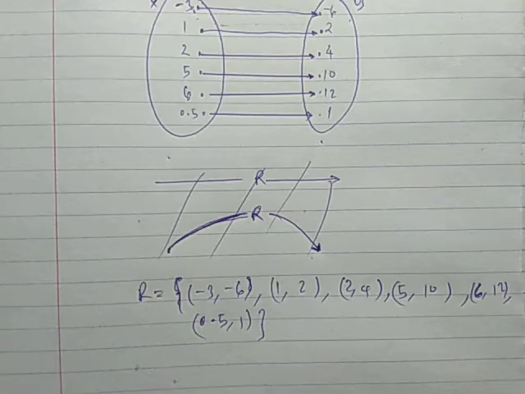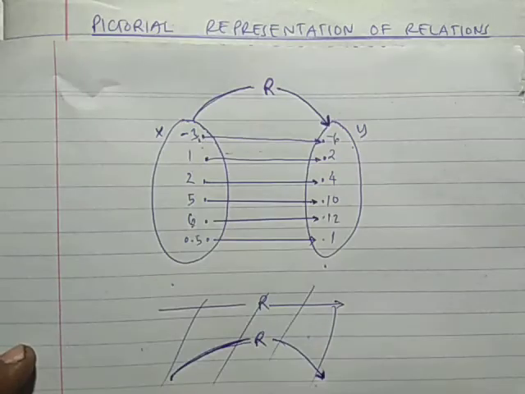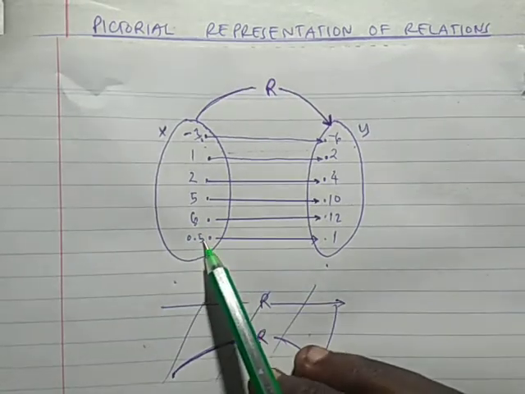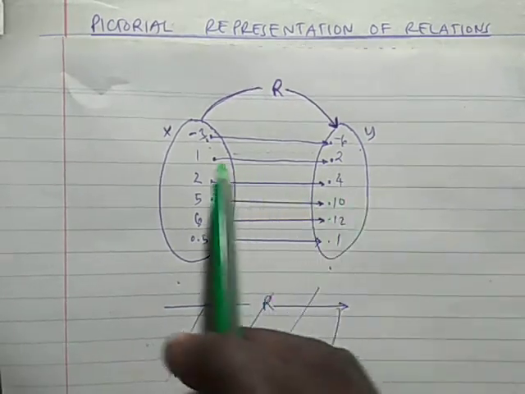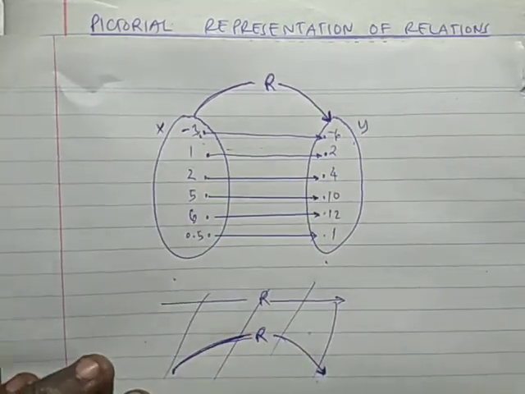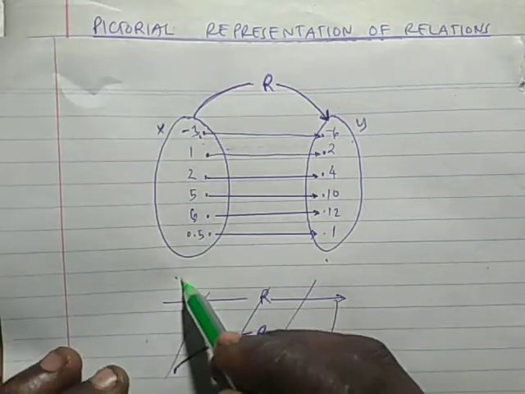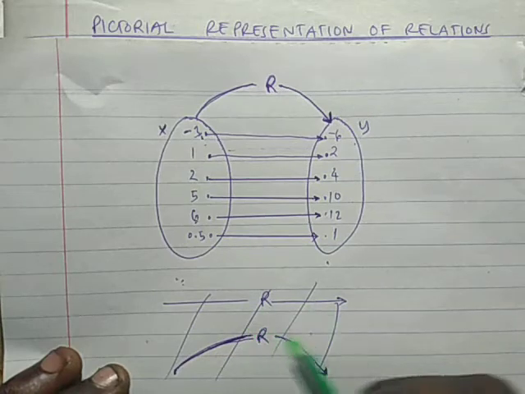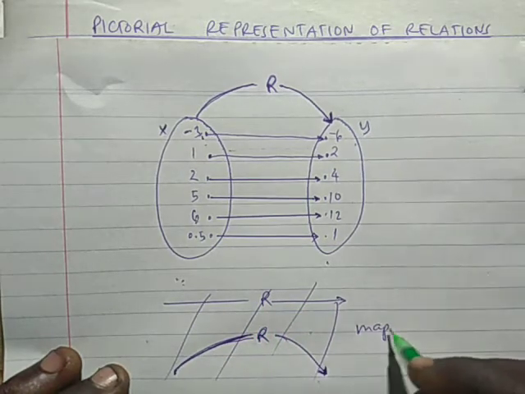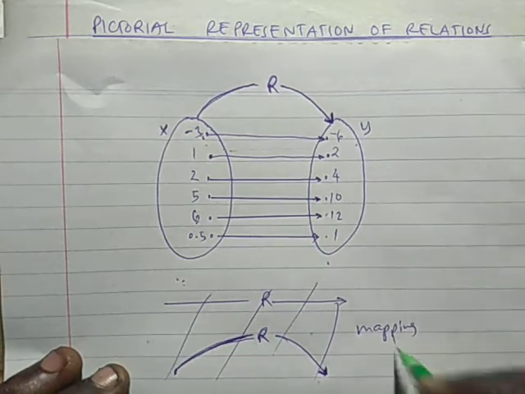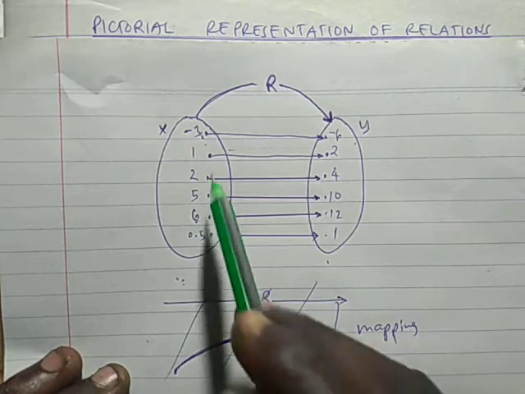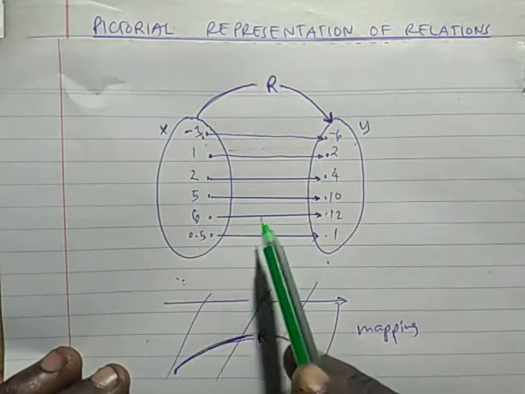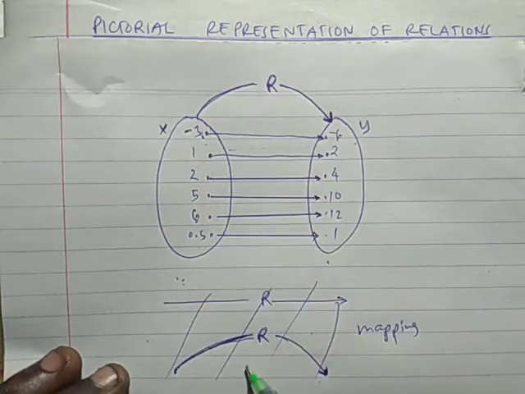So this is how we have drawn the relation in a picture. Members of this set and this set relate, and we are drawing an arrow. This we call mapping. We are taking the members of the first set, then we are mapping them to the members of the second set.